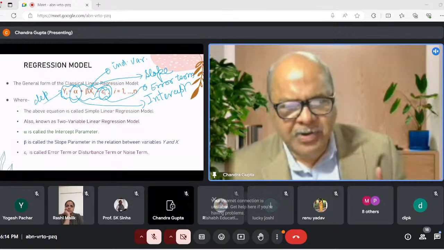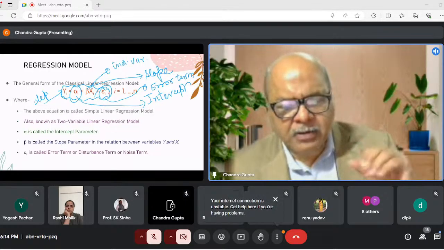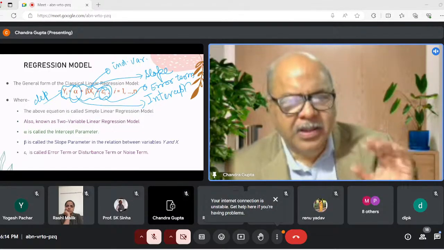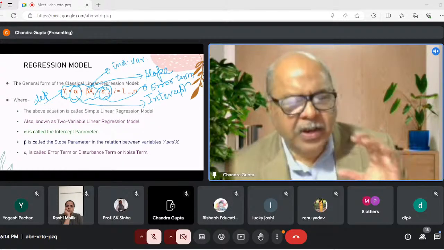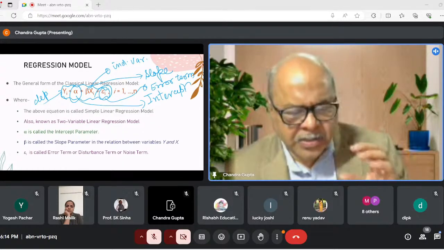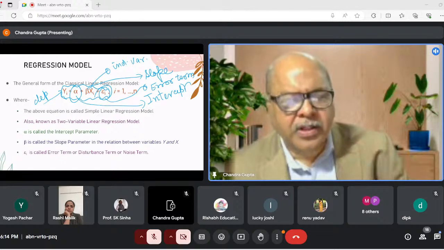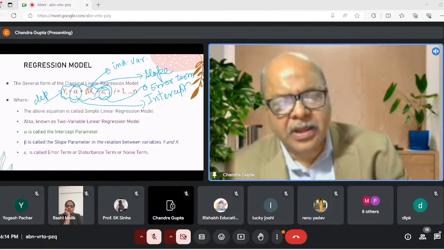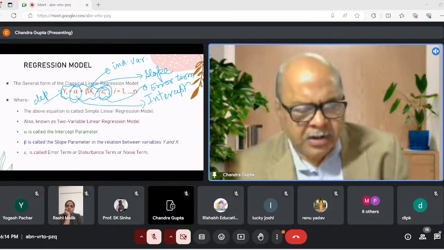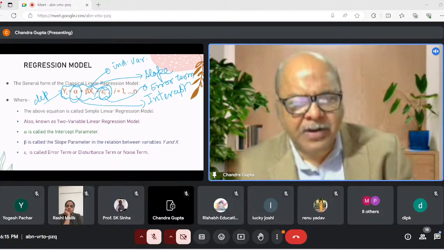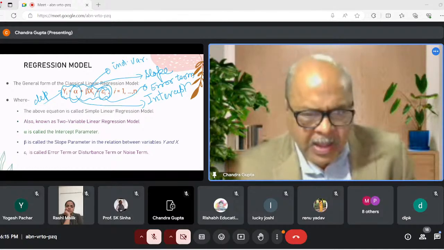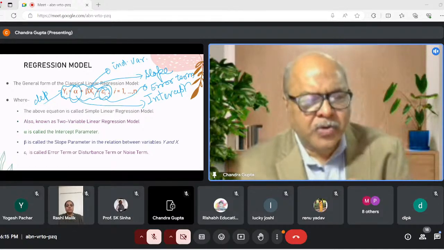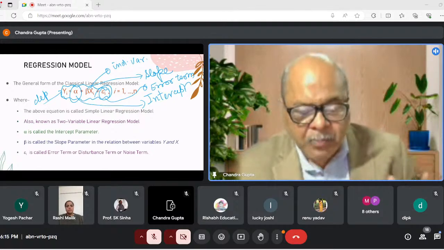Alpha is the intercept, beta the slope, and this epsilon, the e, is your error term. The error term takes care of what is not included in the model. It has all those variables whose impact is not significant, a very small contribution for a large number of variables.